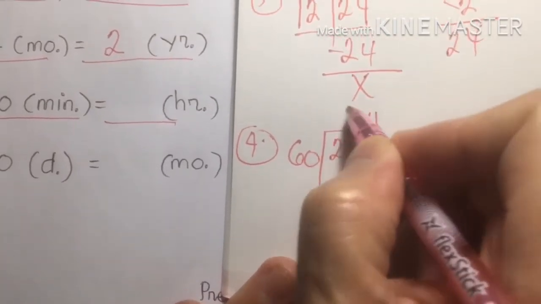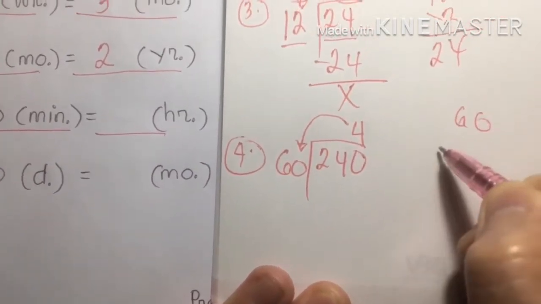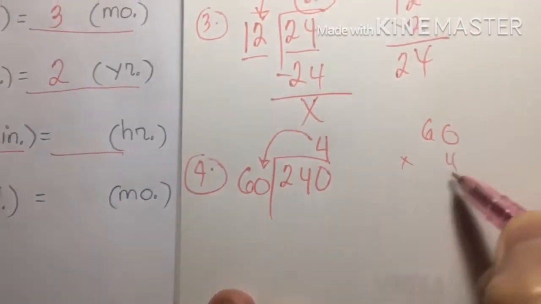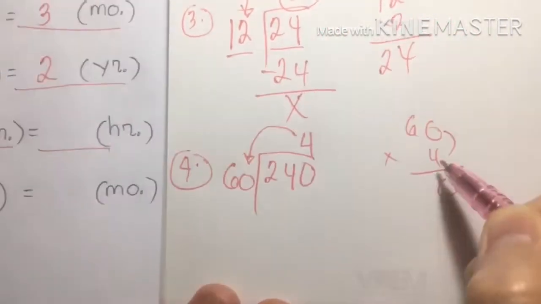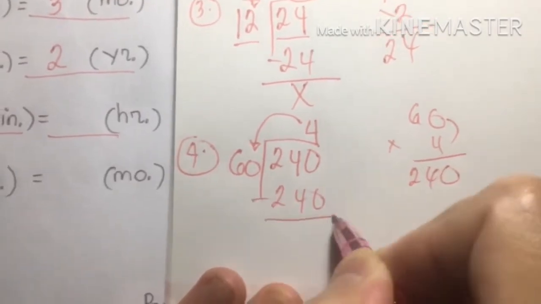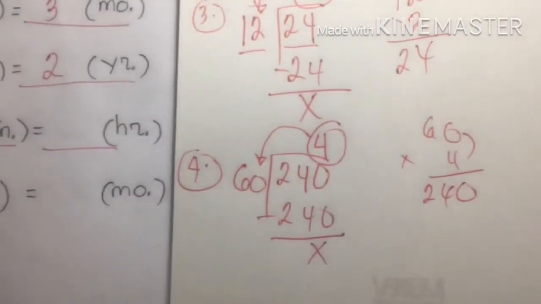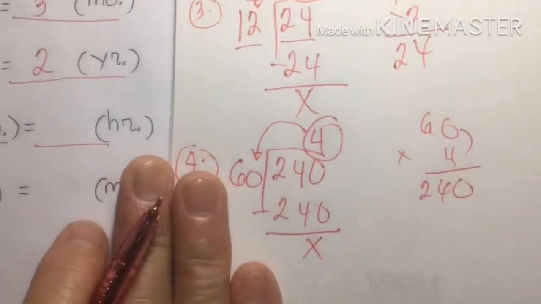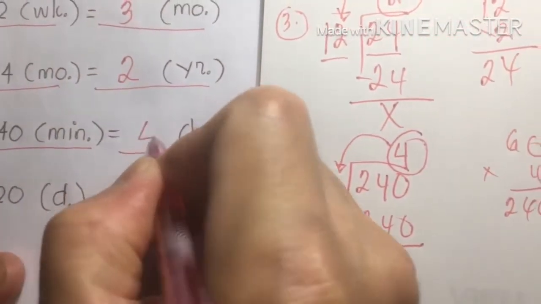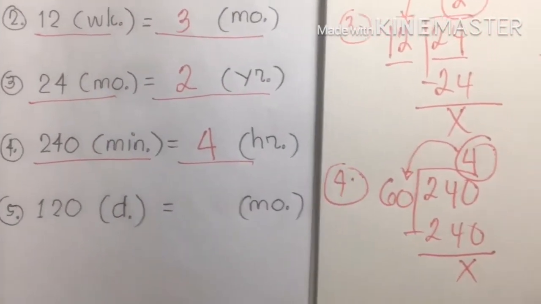I'm going to show you how to multiply 4 and 60. 60 times 4: 0, so 24. It's 240, so we need to subtract. So the answer is 240 minutes is equivalent to 4 hours. Okay, that's it.